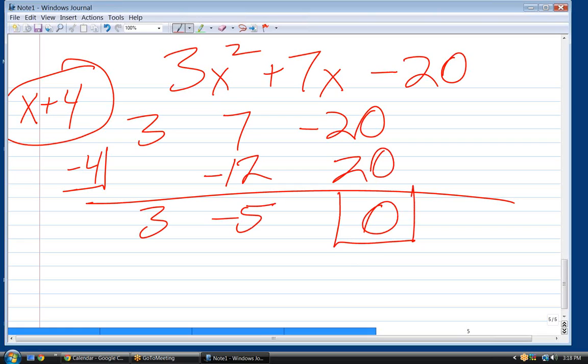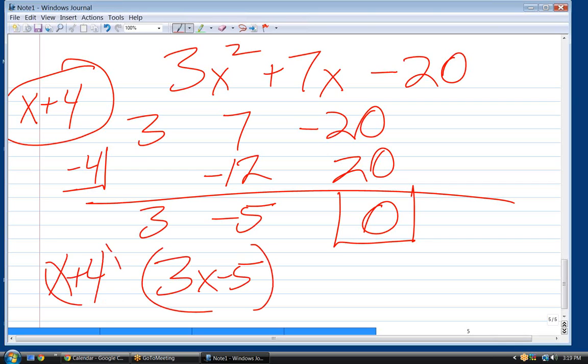What's the other factor? The other factor is 3x minus 5. Yeah. In other words, if I were to multiply x plus 4 times 3x minus 5, I would get 3x squared.